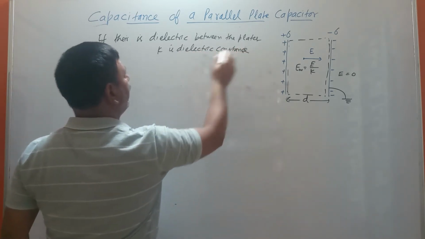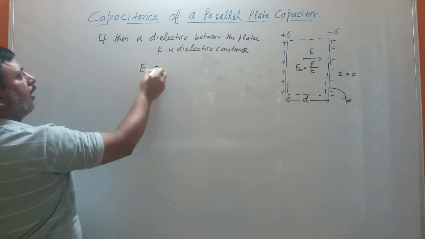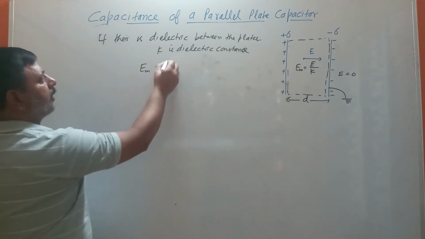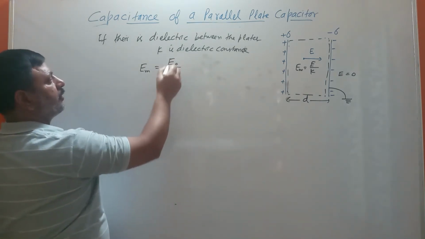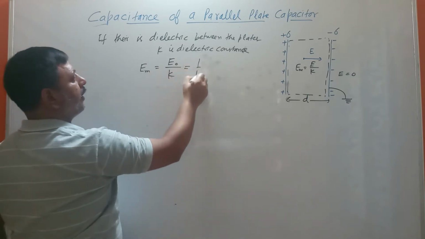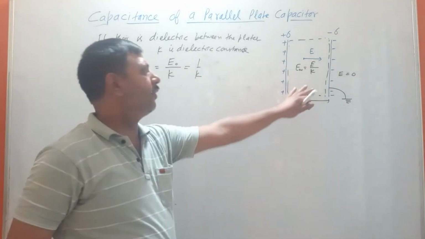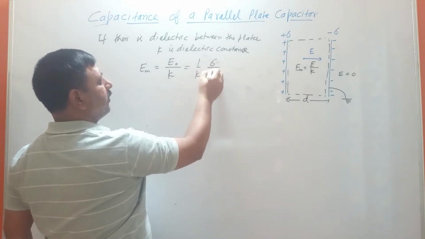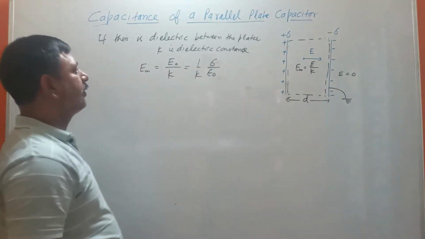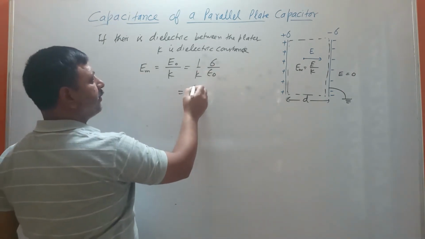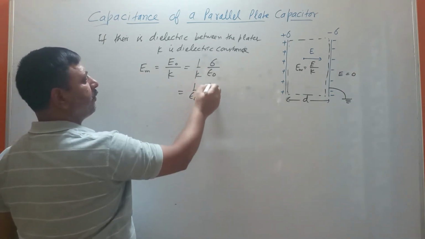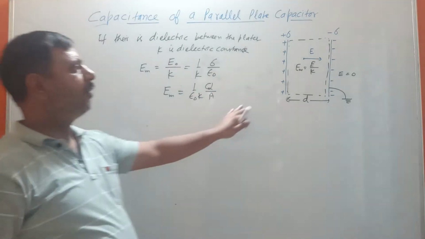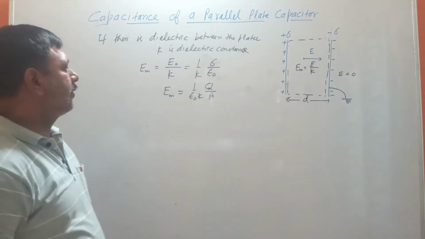The electric field inside the dielectric becomes E naught, the external field, upon K. What will be the external field? This is sigma upon epsilon naught. So it is 1 upon epsilon naught K, where sigma is Q upon A. So this will be the electric field throughout the dielectric.